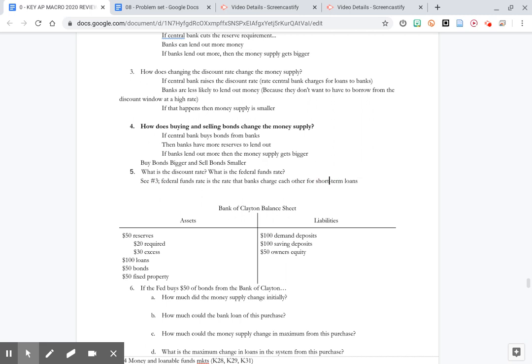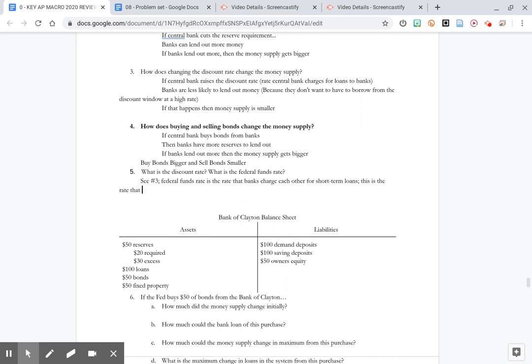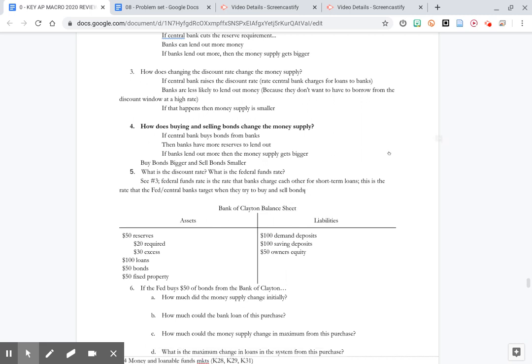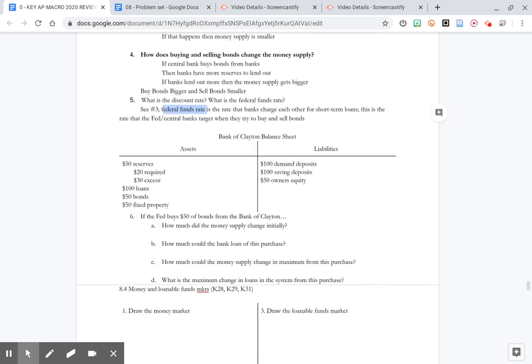And this is the rate that the Fed or central banks target when they try to buy and sell bonds. So they basically say we want the interest rate to be 2%, or right now the Fed has set the interest rate to be 0%. And what they're talking about is the federal funds rate in that discussion.